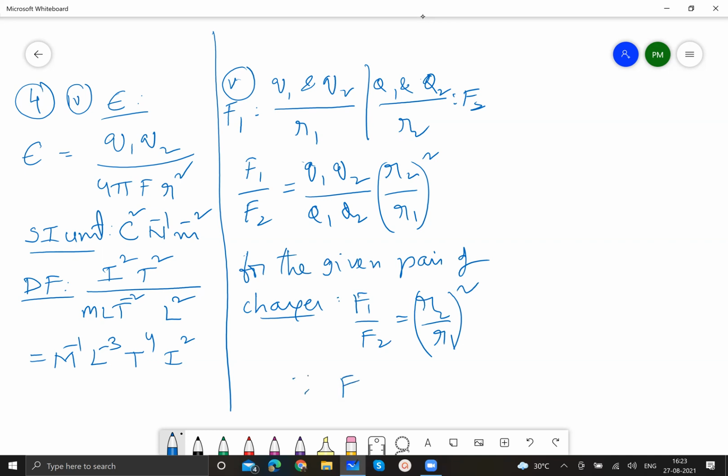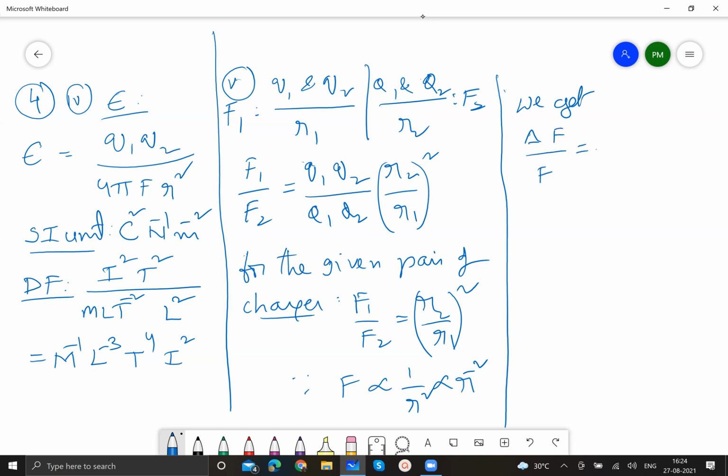Since F varies directly as 1 by R square, that is R to the power of -2, we get delta F by F is -2 into delta R by R. So delta F by F into 100 is -2 into delta R by R into 100.